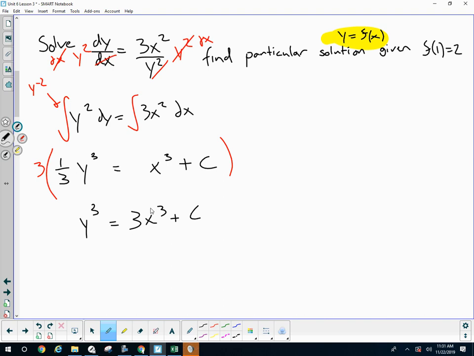Now, something that we haven't had to worry about in the past solving differential equations that we can think about strategically now is when do you want to find c? Okay? If we solve for y, I have to cube root both sides.